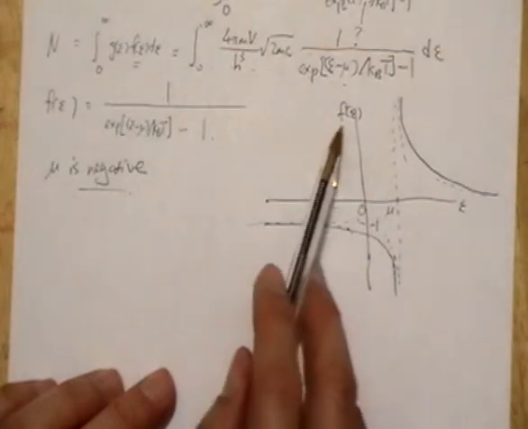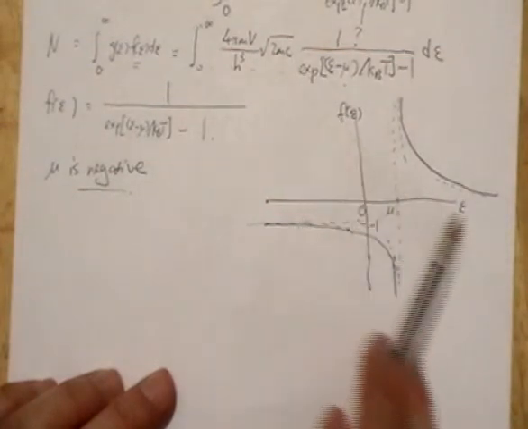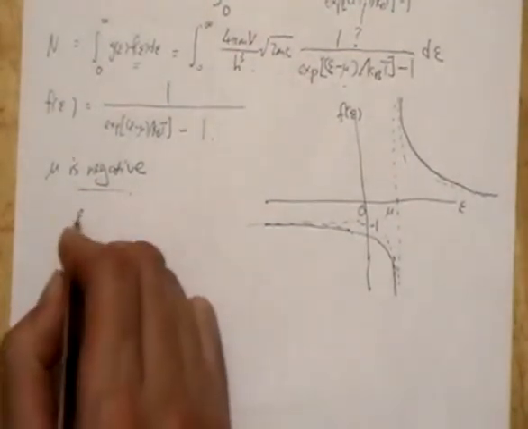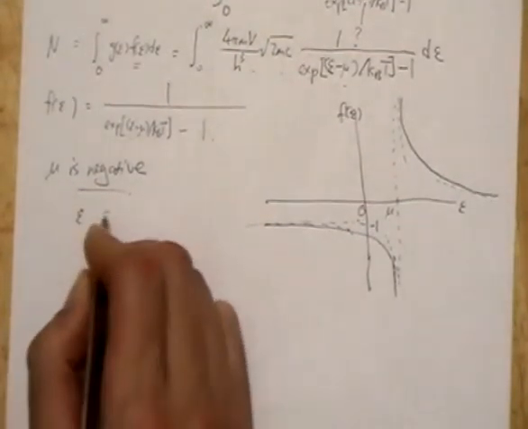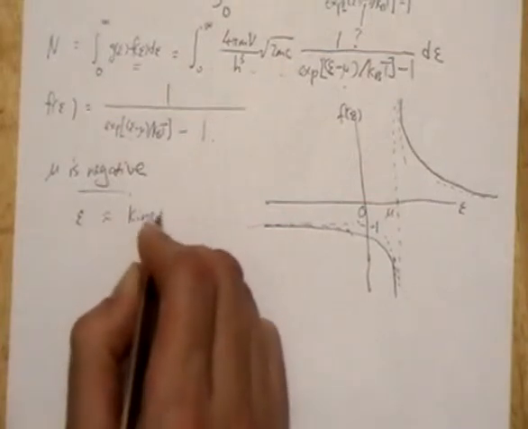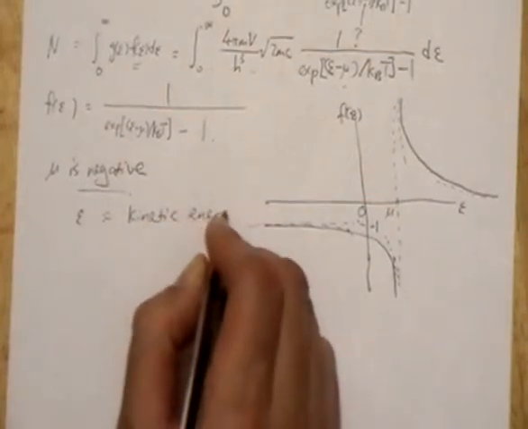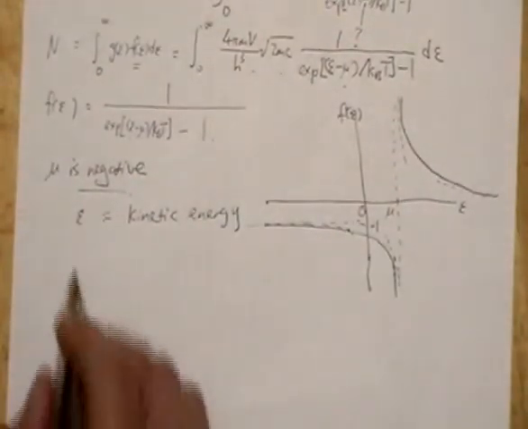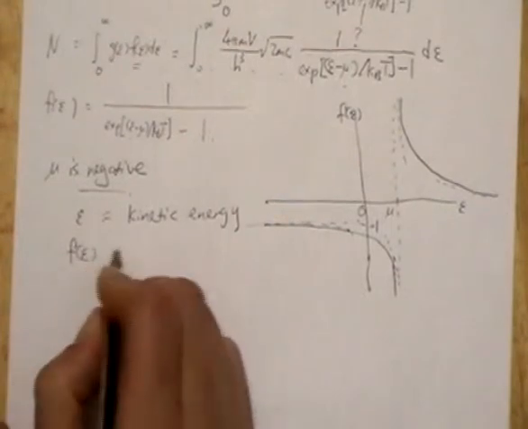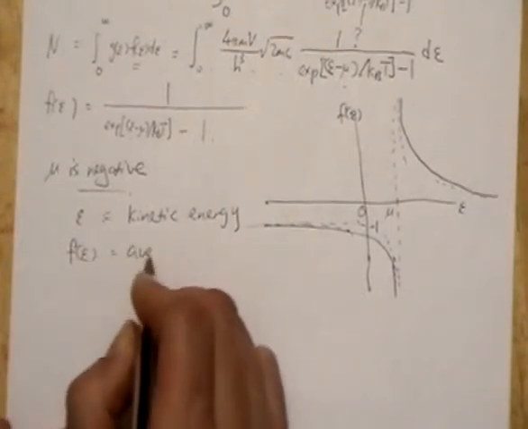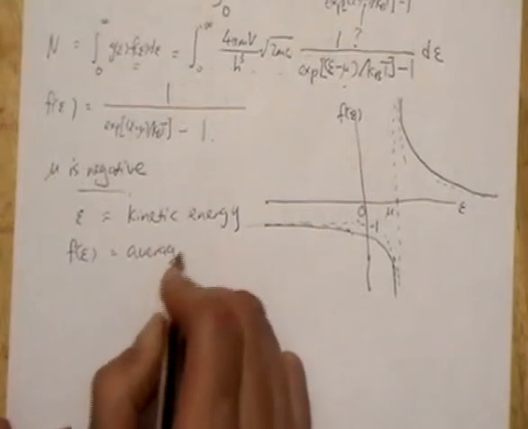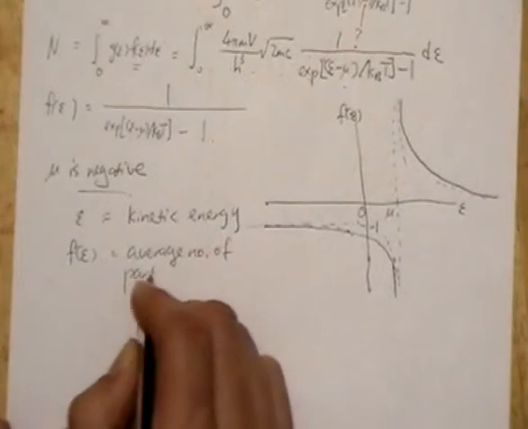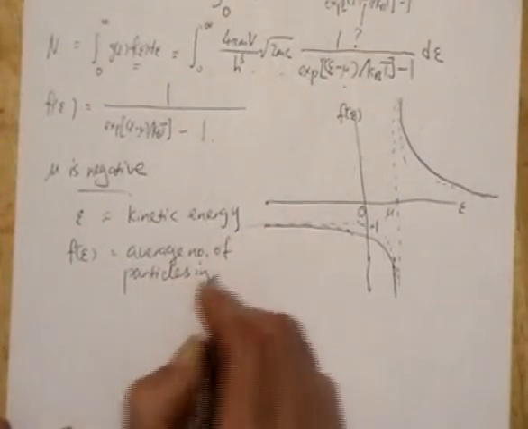Now let's recall the physical significance of E and Fe. Now we think of E as the kinetic energy, and we think of Fe as the average number of particles in one state.